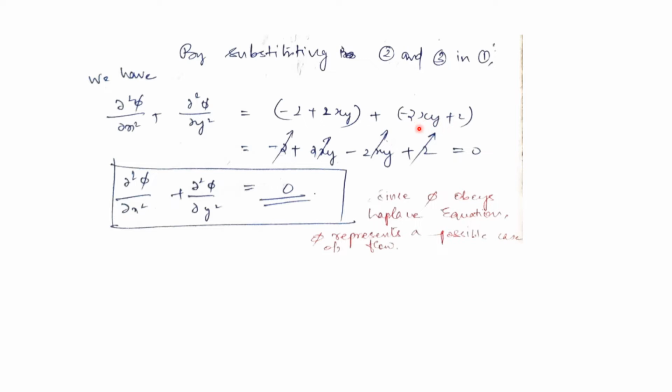So all these terms cancel, that means you will get the Laplace equation to be 0, which clearly shows that it's a possible case of fluid flow. I hope that was clear to everyone. Every portion was discussed in a proper manner in our previous class.